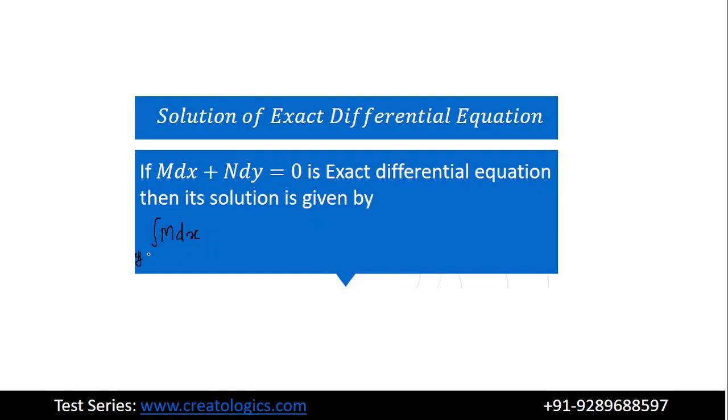Here you have to keep y as constant and integrate with respect to x, plus the integration of not the full N but the terms of N that do not contain x in it.